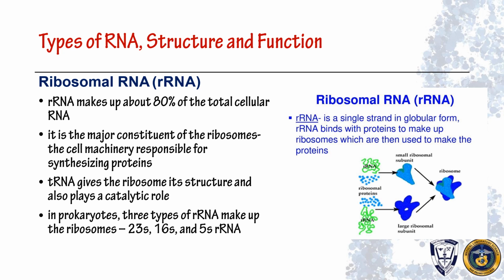So ribosomal RNA is responsible for creating the peptide bonds between the amino acids of the polypeptide chain. So when a termination codon is reached on the mRNA molecule, the translation process ends. And then the polypeptide chain is released from the tRNA molecule and the ribosome splits back into large and small subunits.